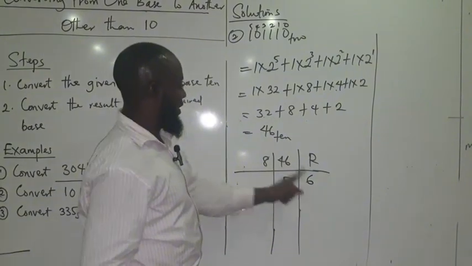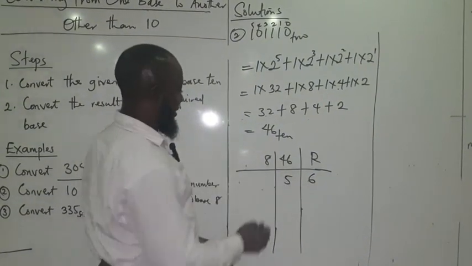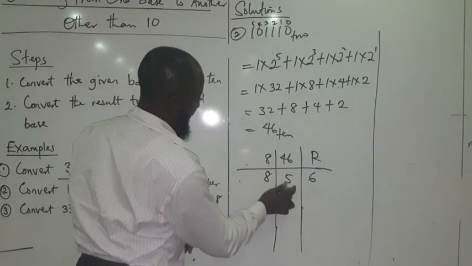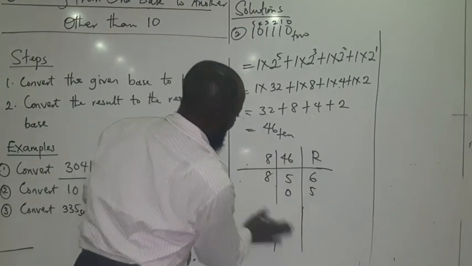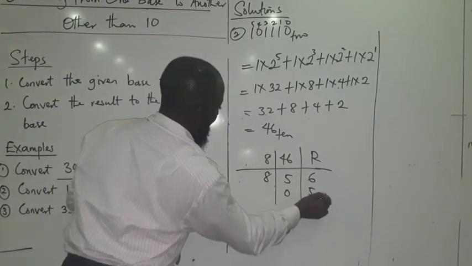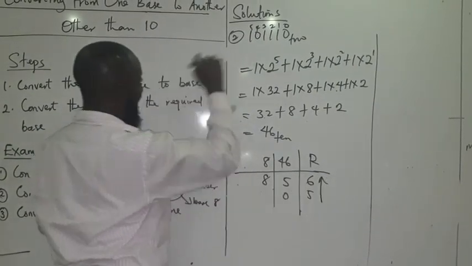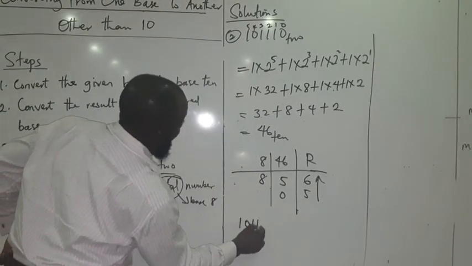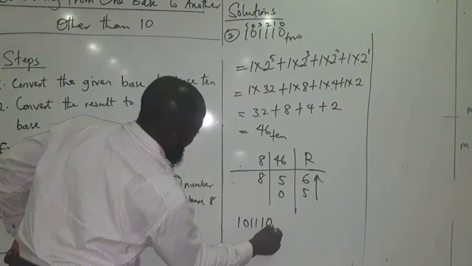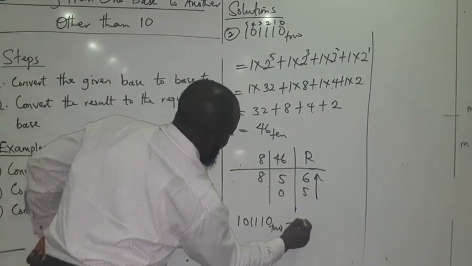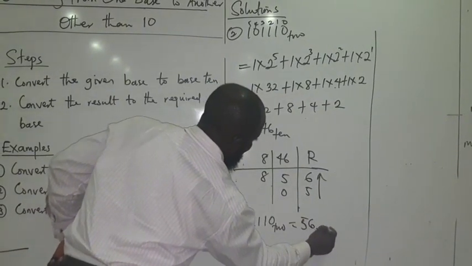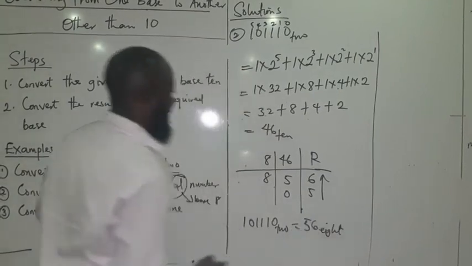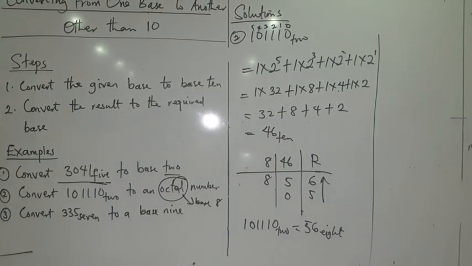You can see 6 is less than 8, so it's part of the answer. Then 8 in 5 is 0, remainder 5. So our answer is 5, 6. We can then conclude that 101110 base 2 equals 56 base 8. That is the answer. I hope this is very clear.